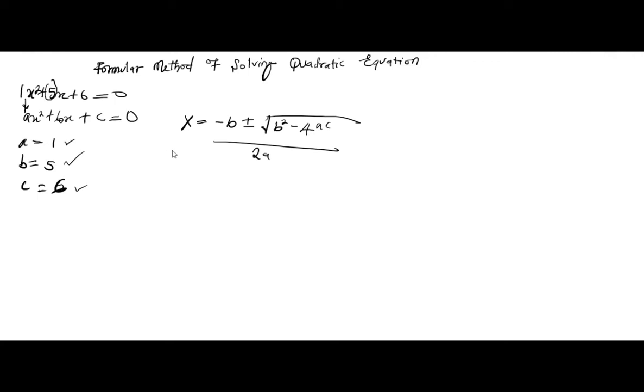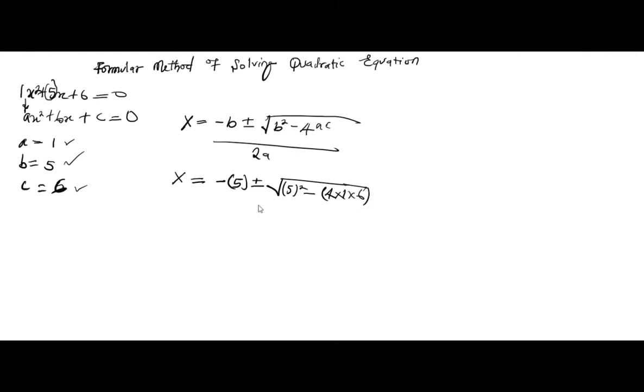So the next step is to substitute for each of the variables. We substitute the corresponding values of each of the variables. So we have our x equals to, we have negative b, and here our b is 5. So you have negative 5 plus or minus square root of b squared is 5 squared minus bracket open 4 times a is 1 times c is 6.